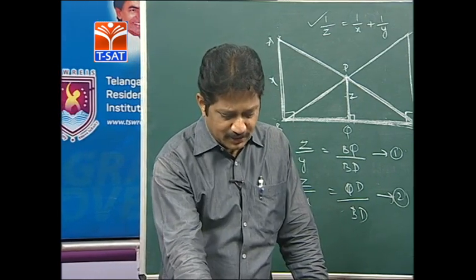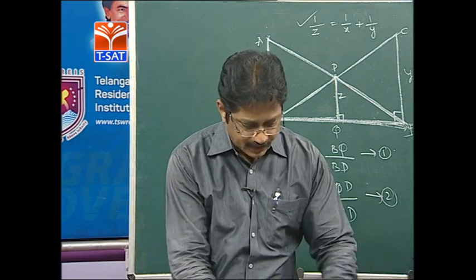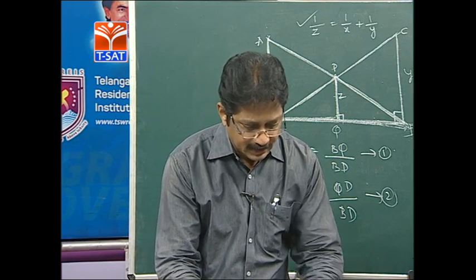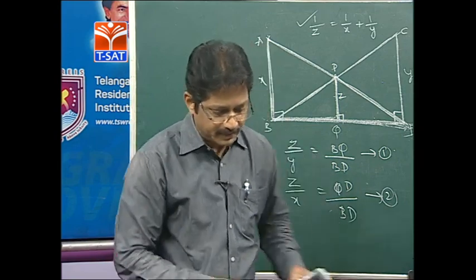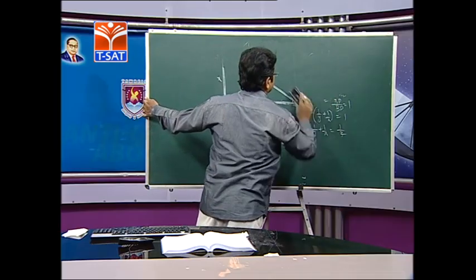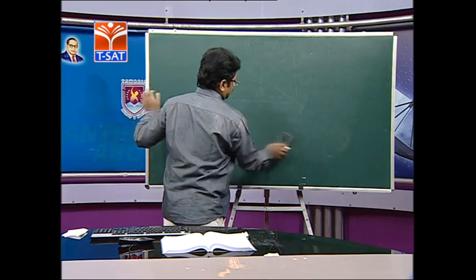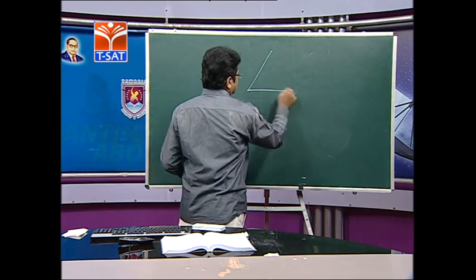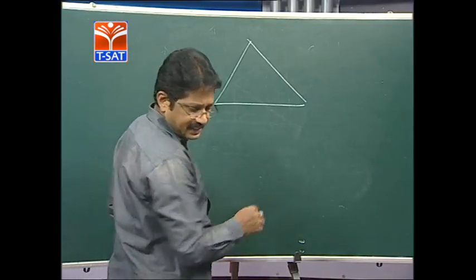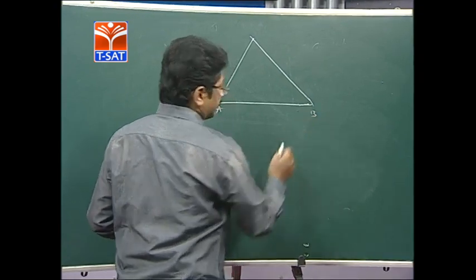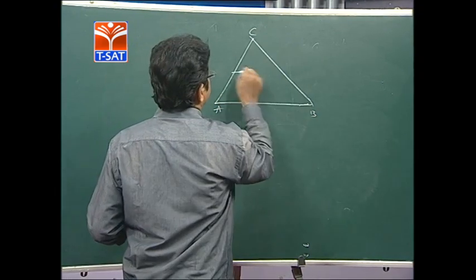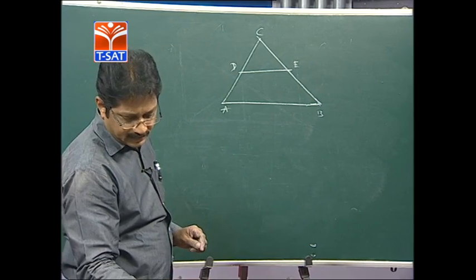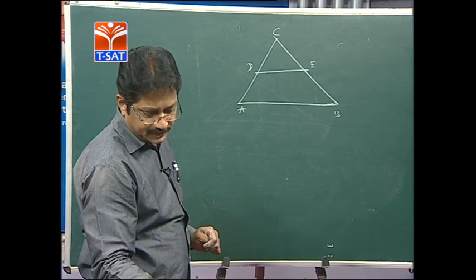Okay, now we will see one more question, a very important question of course. Shall I take one example already given in the textbook? Coming to the next one based on algebra. Here one triangle is given, the triangle ABC, and of course this is D, E. Here simply the values are given.